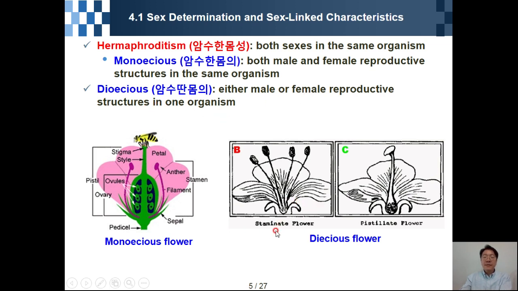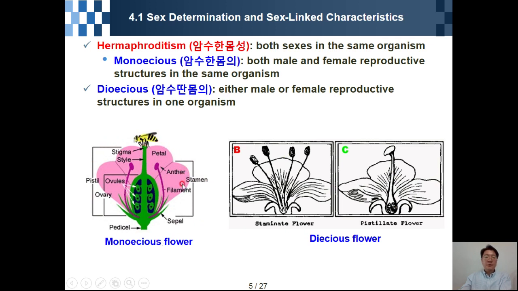For example, this is what we call a staminate flower. A staminate flower only has the anther. Another example is the pistillate flower. It means that this flower only has the ovary. But nearly more than 90% of flowers are monoecious.